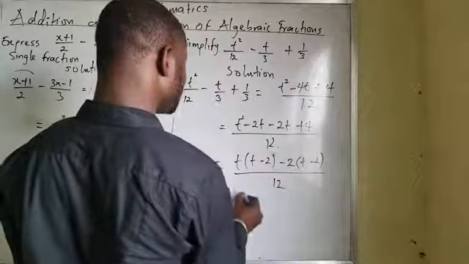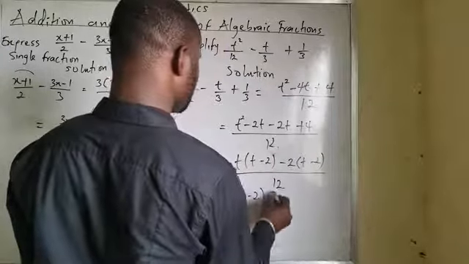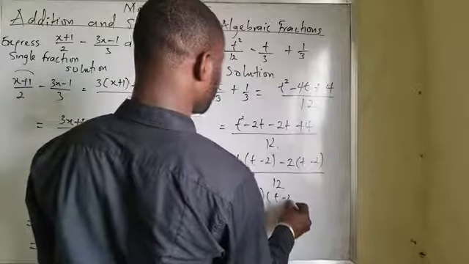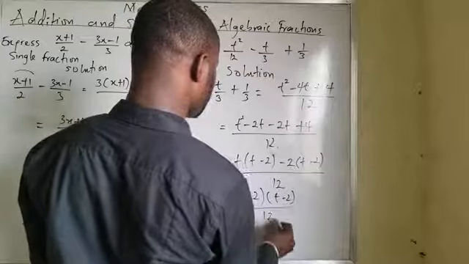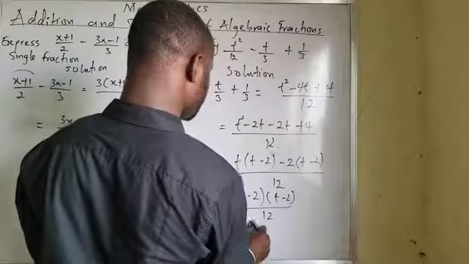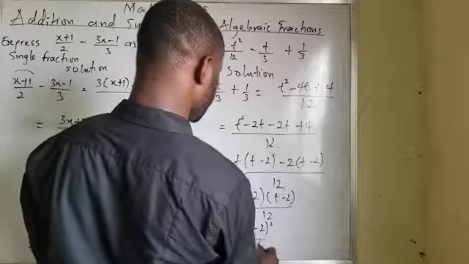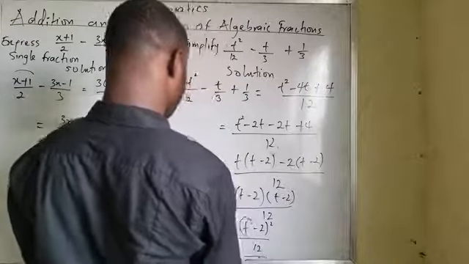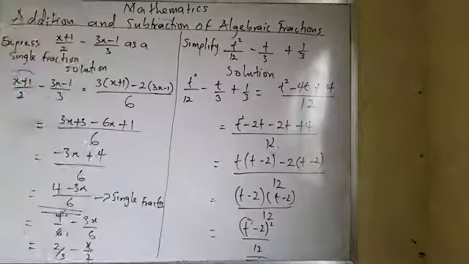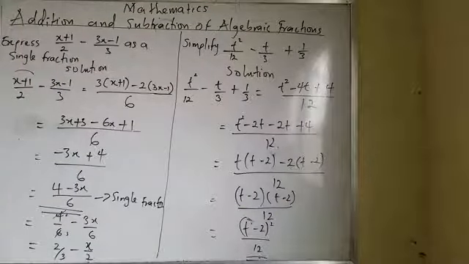Now, I can say that (t - 2) divided by 12, which I have as (t - 2) squared divided by 12. That is my final answer. You can see how simple this is.